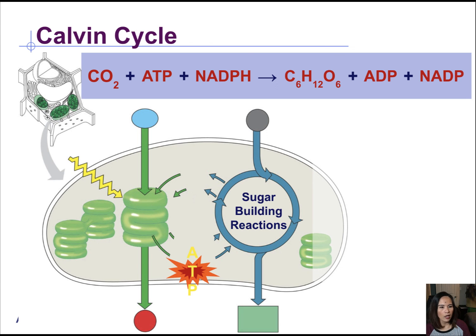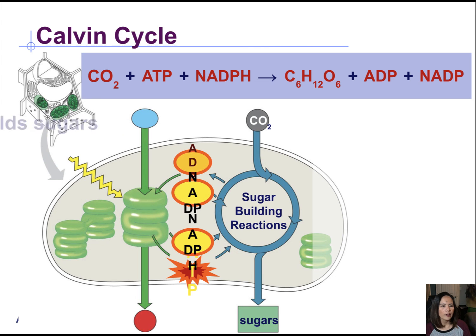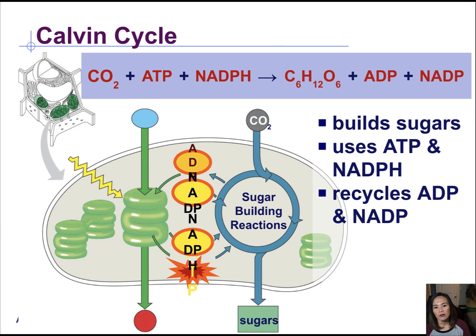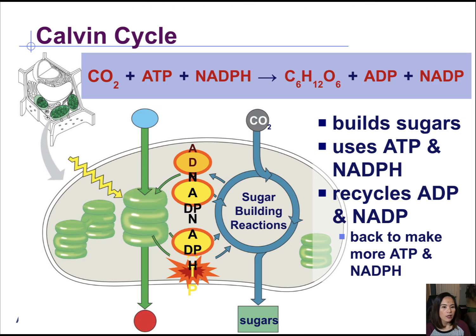After that, it's time to build sugar. So the sugar-building reaction is your Calvin cycle right here. And as this happens, it uses the ATP and NADPH that were produced in the light reaction and recycles the ADP and NADP back to make more ATP and NADPH to be used by the cell elsewhere.